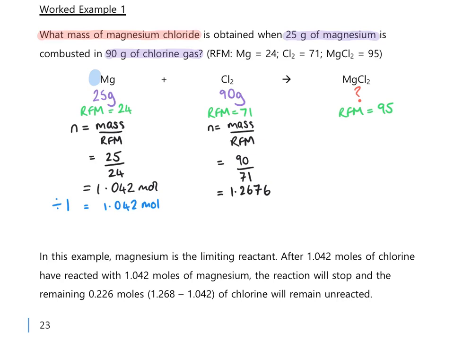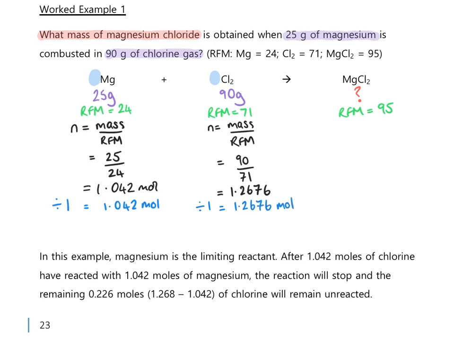What we need to remember to do at this stage is to divide through by the balancing number. Again, if I look in front of chlorine, there is no number, so essentially it's a balancing number of 1. But again, I'm going to write this into your notes so that you remember to do this step in each of your examples. So we're dividing by 1 and that's going to get us the same number of moles.